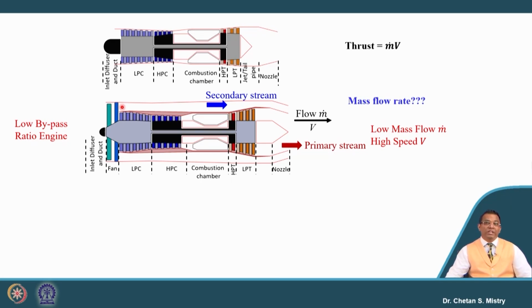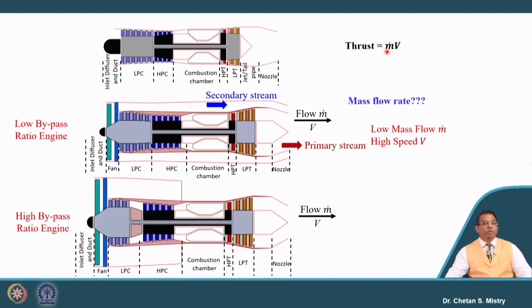Okay. Now, you will say, sir, why do not we think in another way? In this equation, now it is giving us some other kind of indication. Suppose I increase my mass flow rate to a high value and my exhaust velocity to a lower value. Suppose let me put this kind of configuration here.